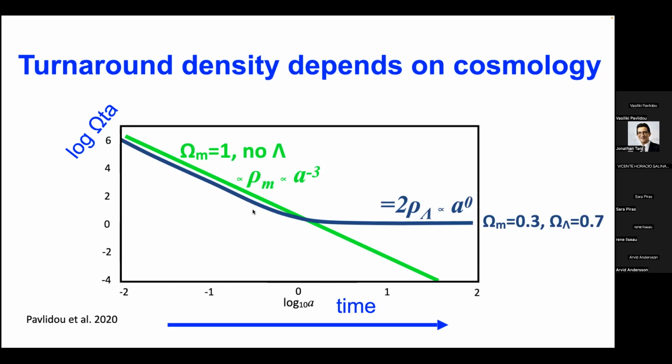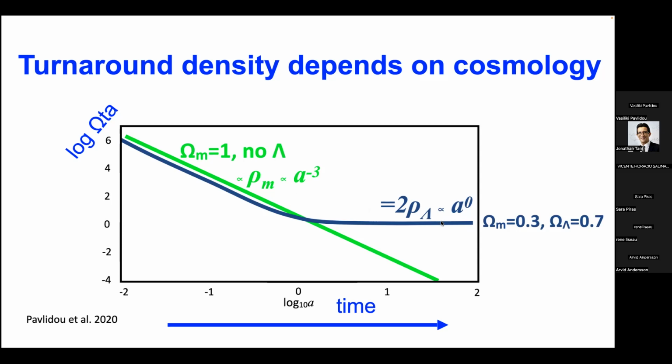In the distant future, the dark energy will have diluted everything else so much that the only thing you will have will be dark energy. And of course, the density of the dark energy does not change. It goes as a to the 0, so it flattens off the turnaround density.